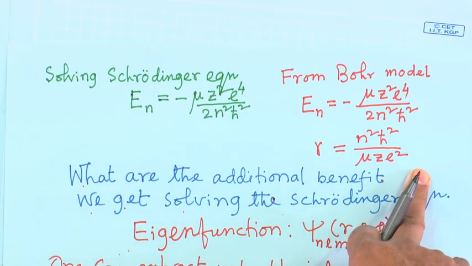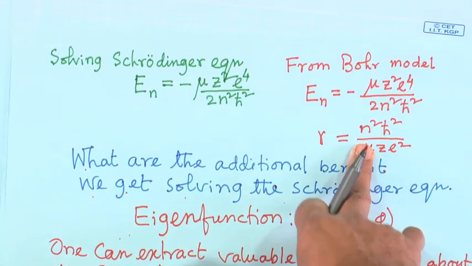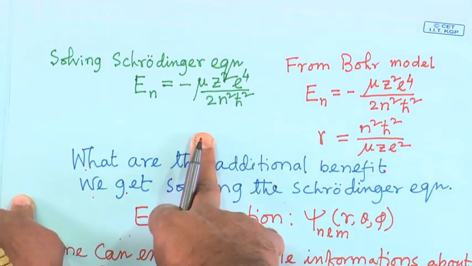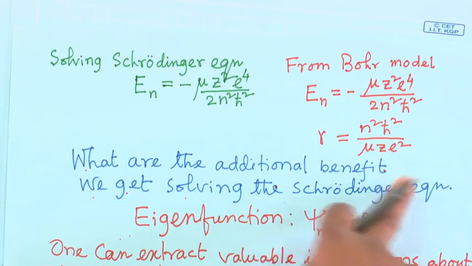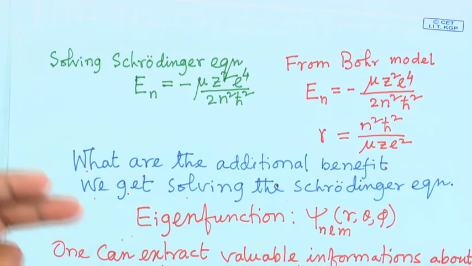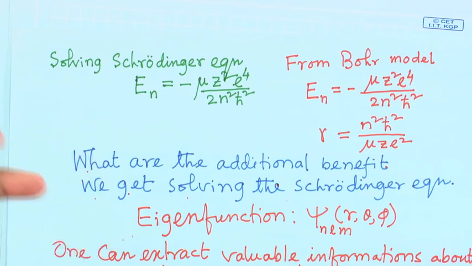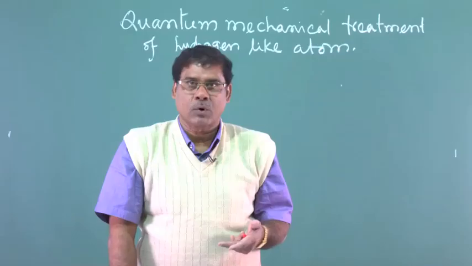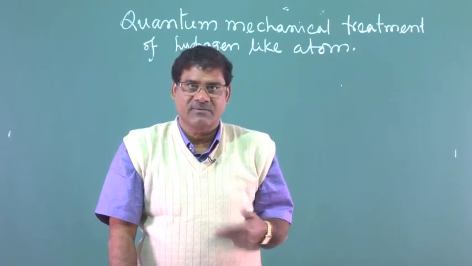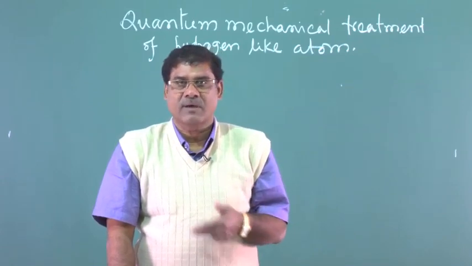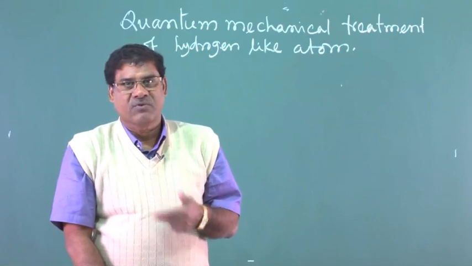But is any equivalent parameter available from the Schrodinger solution for the Bohr orbit? We cannot give that answer right now; for that we have to go further.